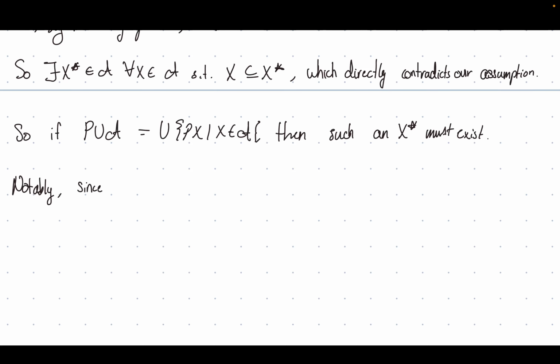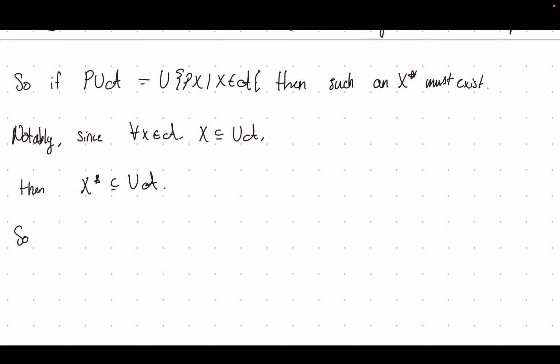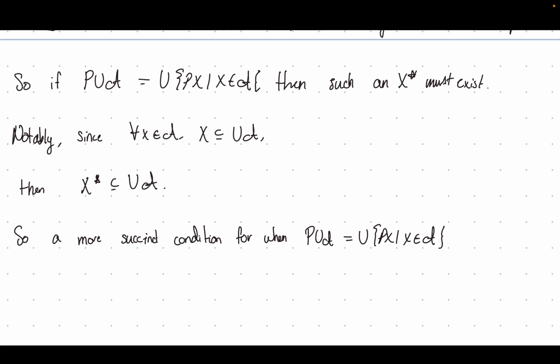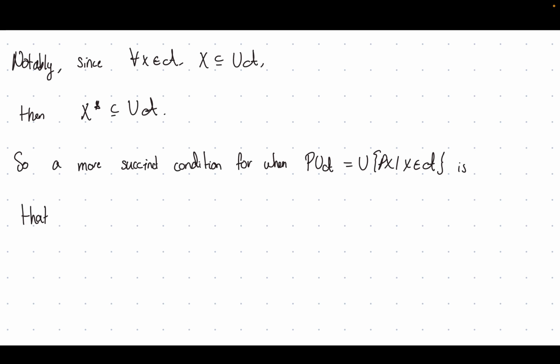Since for all x in script A, x is a subset of the union of script A, then x star is a subset of the union of script A. So a more succinct condition for when the power set of the union of A is equal to the union of P(x) such that x is in script A is that the union of script A is in A.